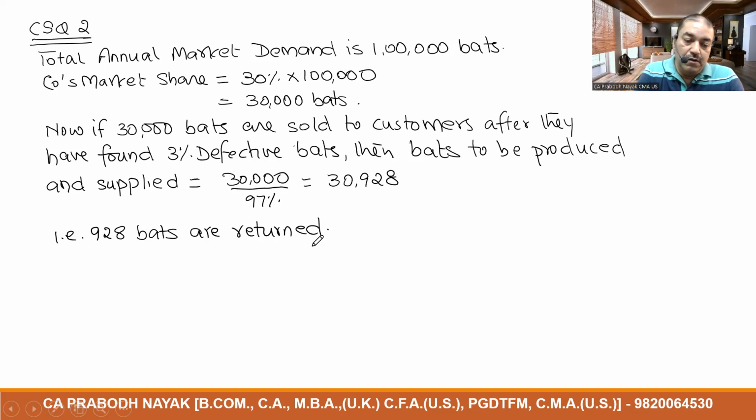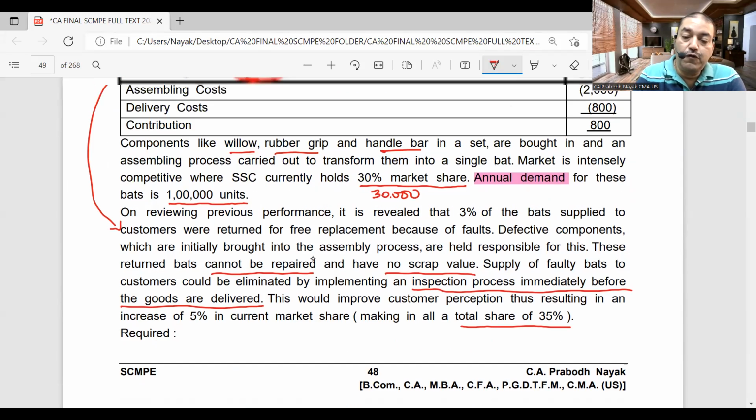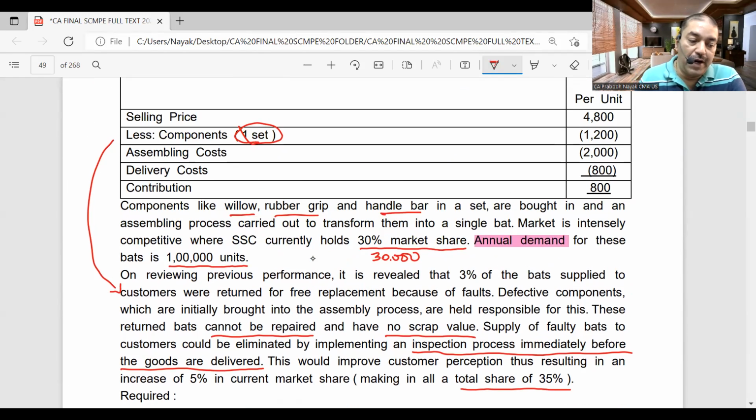After returning, they are saying that these cannot be repaired and they have got no scrap value. So whatever is the cost incurred on these 928 bags, what is the cost incurred? 1200, 2000 plus 800. Okay, this total cost is going to be waste.